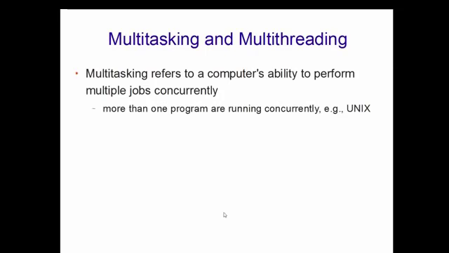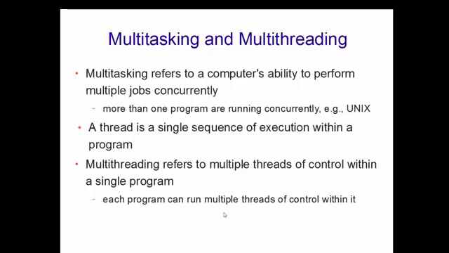Now first of all, we need to know the difference between multitasking and multi-threading. What is multitasking? Multitasking refers to the computer's ability to perform multiple jobs concurrently. One example is your Unix system or your operating system itself.